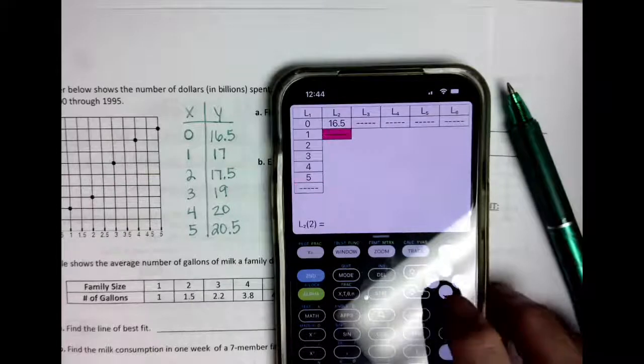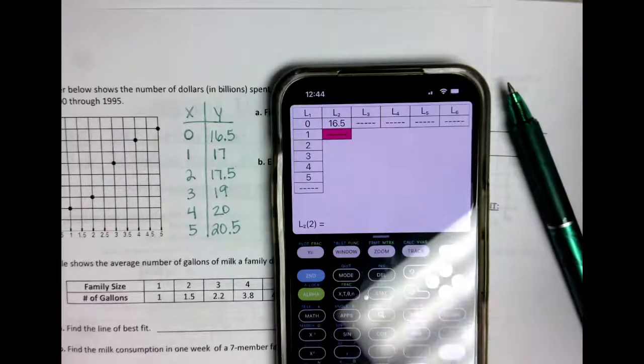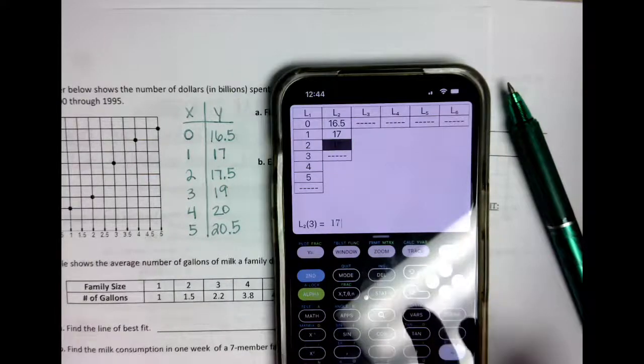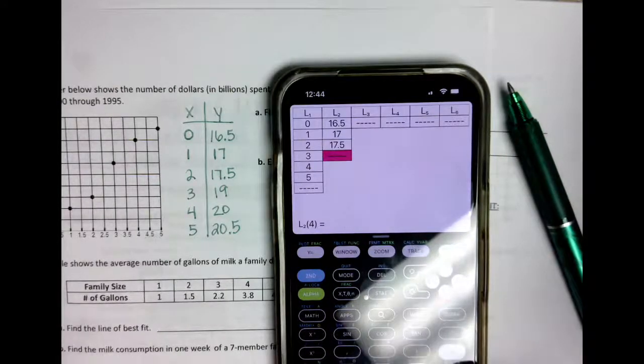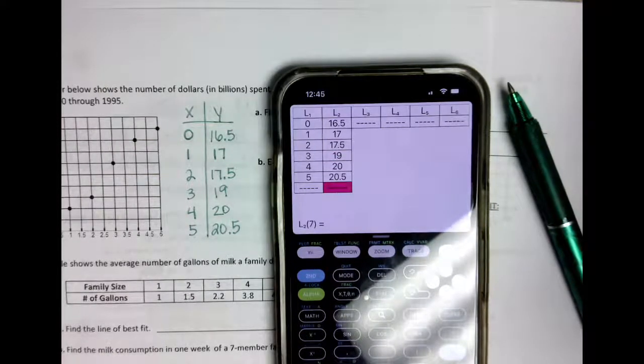Okay, over here, 16.5. Right above the stat button. And you got to put them in the same order. So I have this on my phone. Do you have it on yours or on your calculator?